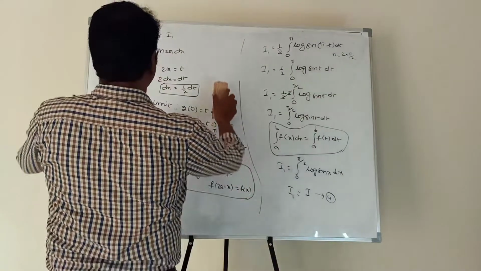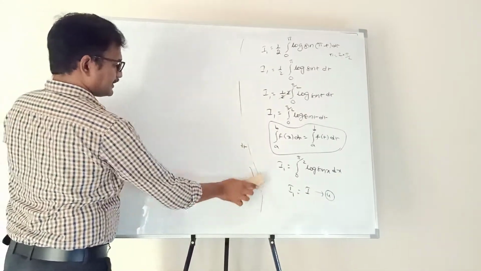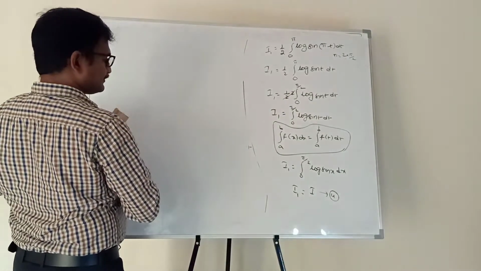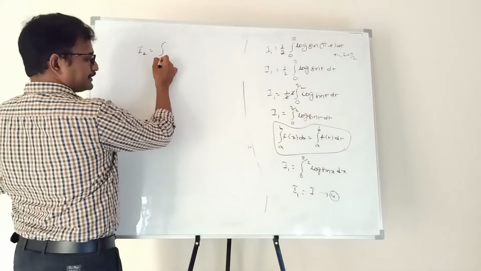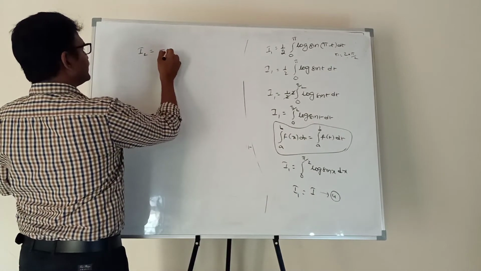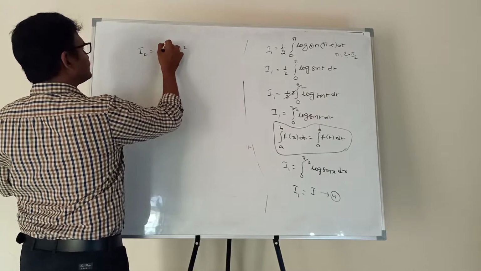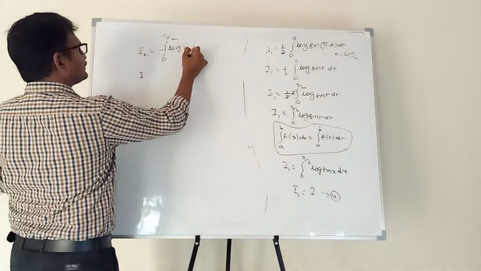Next, if you take I2, what is I2? I2 is equal to integration of minus log 2, 0 to pi by 2, into dx.